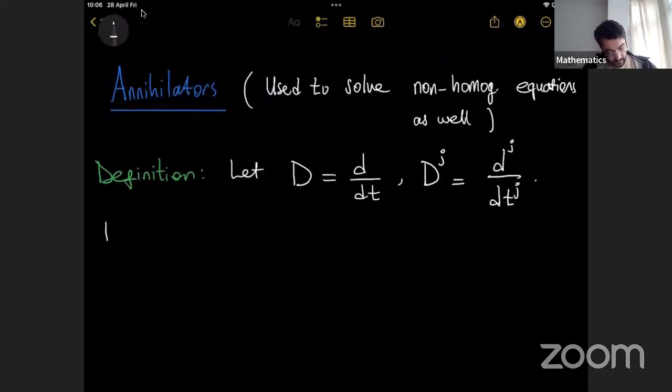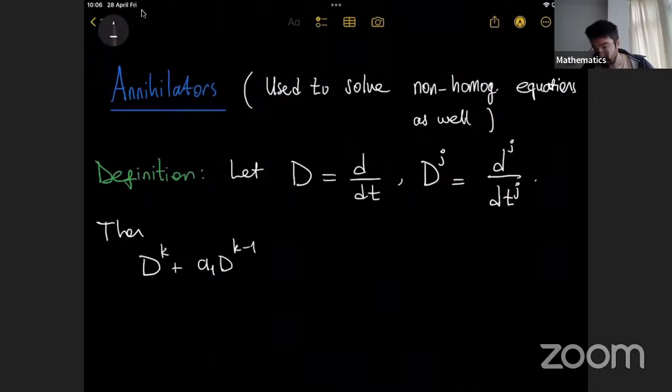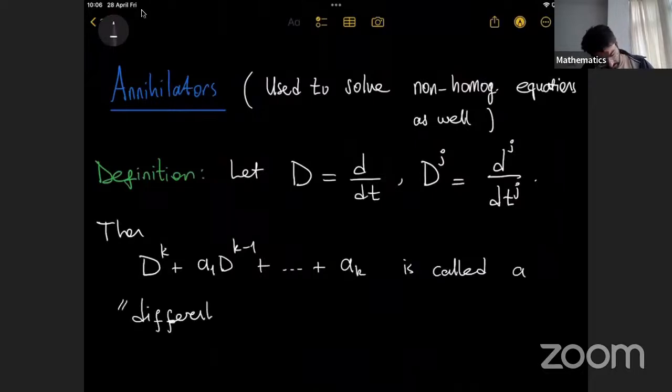Then this derivative operator, D to the k plus a1 D to the k minus 1 plus, goes like this, plus a k, is called a differential operator.